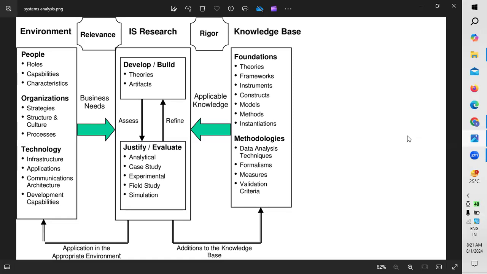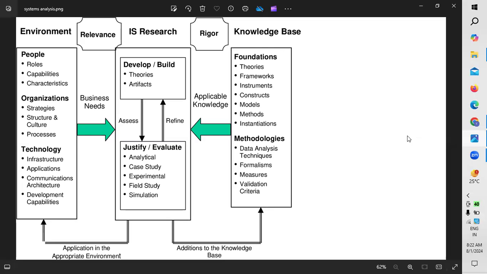If there are any data analysis projects, normally there will be some formulas, some formalizations. At the same time, there must be some measurements to ensure, and at the same time validating the criteria. All these things are normally added to the knowledge base when you are going to develop and build any kind of application as far as the solution is concerned.